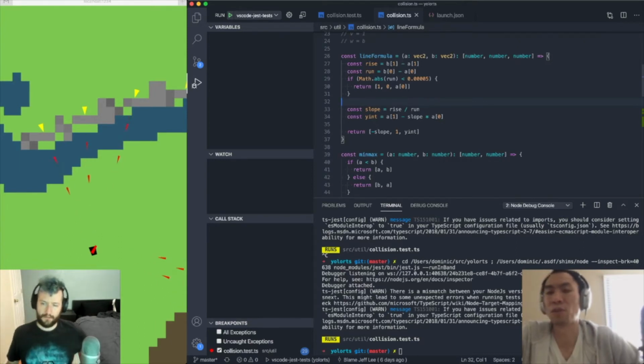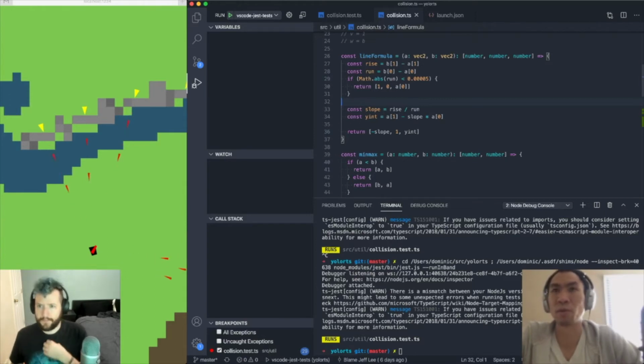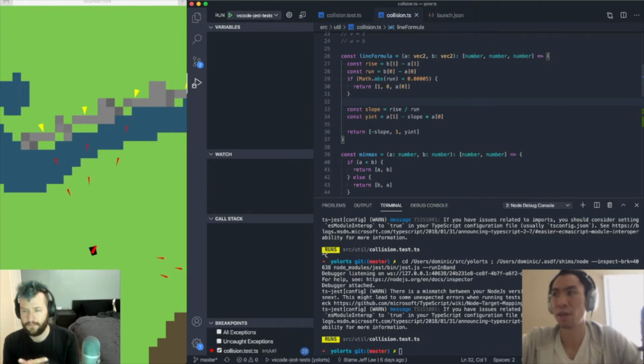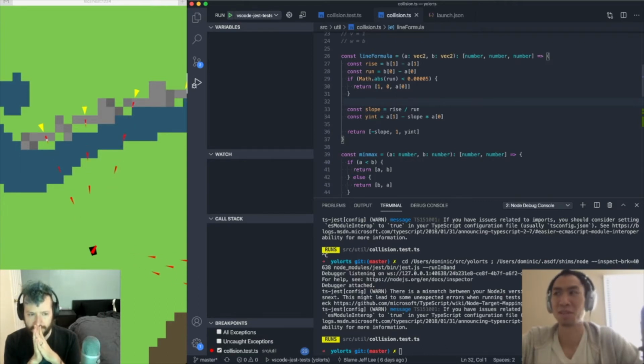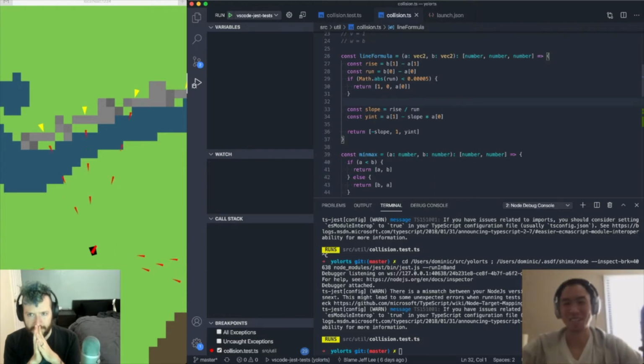Right. Gotcha. Because if you just take the line formula ax plus by equals c and you move ax over to the right side of that equation, you'd have by equals negative ax plus c, and then you divide both sides by b, so you just get y on one side. So that'd be y equals negative a divided by b times x plus c divided by b. Sorry, that's a lot of algebra done verbally.